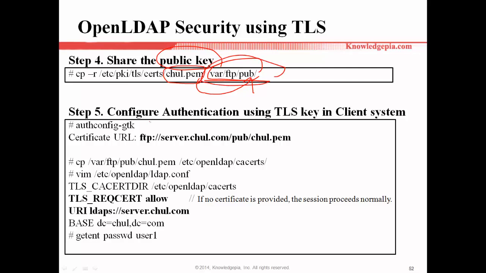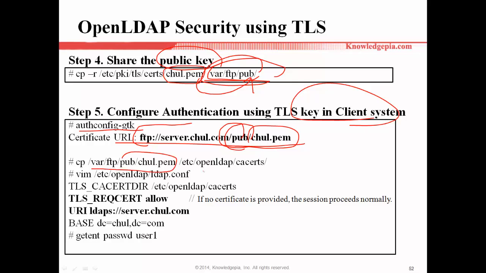Step 5, configure authentication using the TLS key on the client system. On the client system, run authconfig-gtk, open this file with this command, and after that, here, the certificate URL, in my case, ftp server.char.com, and publish, this is the FTP directory, and the file name is char.pem. And after that, I will copy this to the directory openldap/cert, and open the client file.